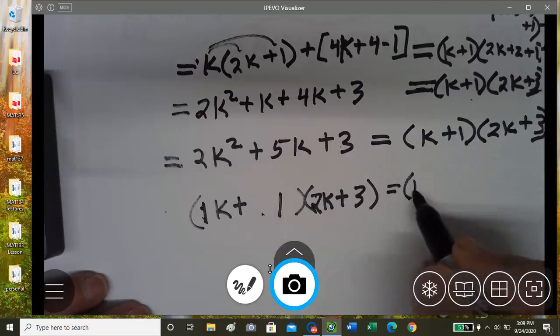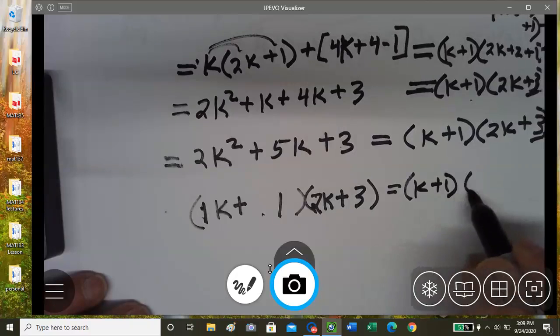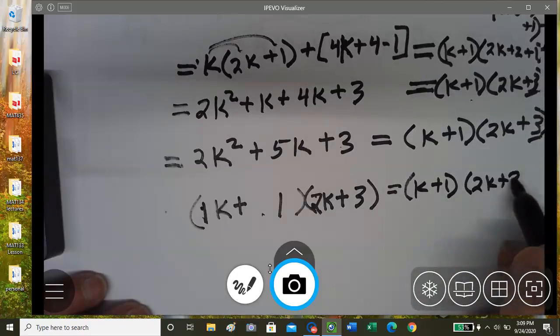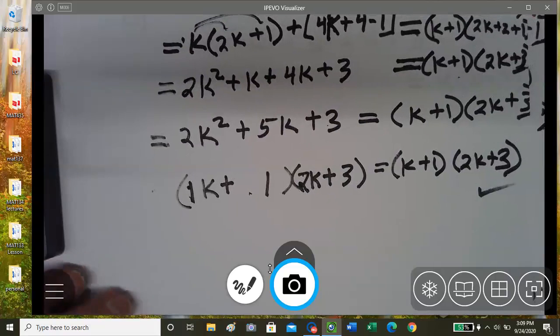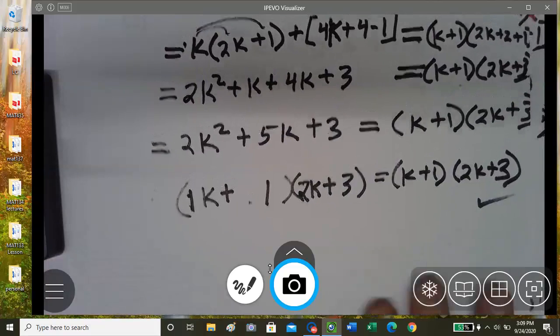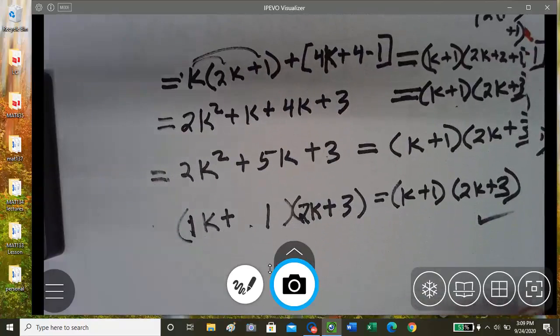And so we get here k plus 1 times 2k plus 3, and both sides are equal, so we've established it checks. And that is all we have to do for that.